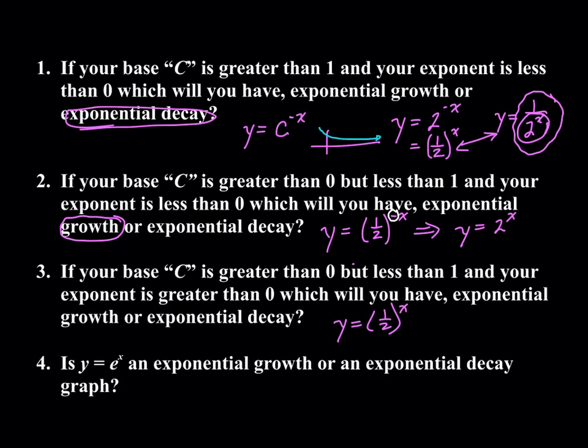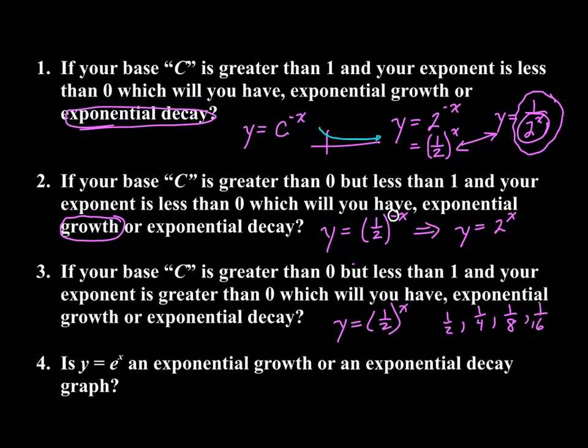For example, 1/2 raised to the first power is a half. A half to the second power is a half times a half, which is a fourth. Third power will be a half times a half times a half, which is 1 over 8.